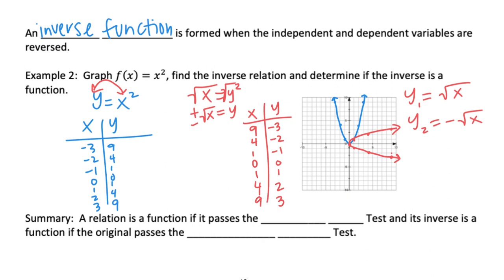Now, let's make a little note to ourselves down at the bottom. A relation is a function if it passes the vertical line test. And its inverse is a function if the original equation passes the vertical line test.